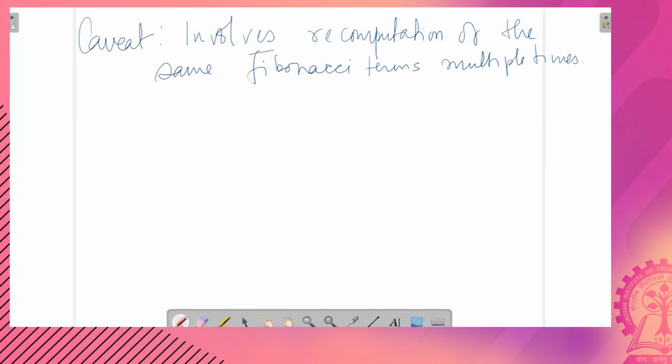So let us say that we want to compute Fibonacci term 5. If you go by the code that we have written, this will call fib3 and fib4.